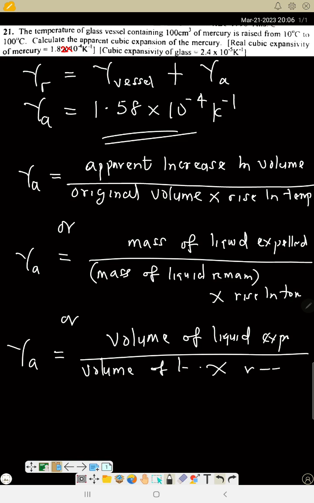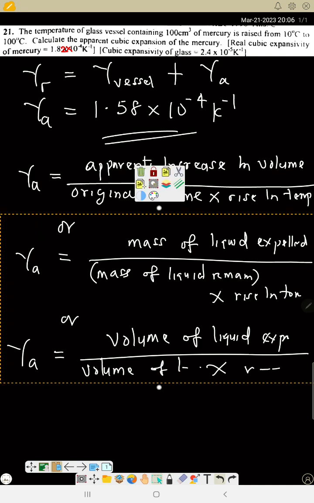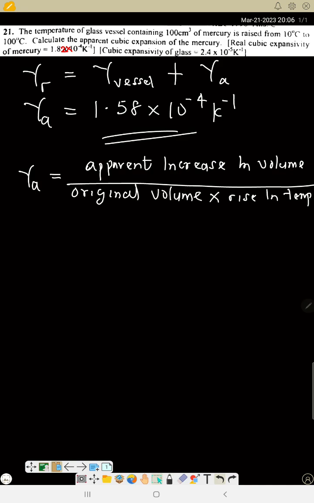But in this our question, there is no mass that is expelled. The only thing we have here is increase in volume, and that is apparent increase in volume. According to the question, no liquid escaped from the vessel. If liquid escaped, the question should mention it. But here we only have apparent increase, so we are using this formula.